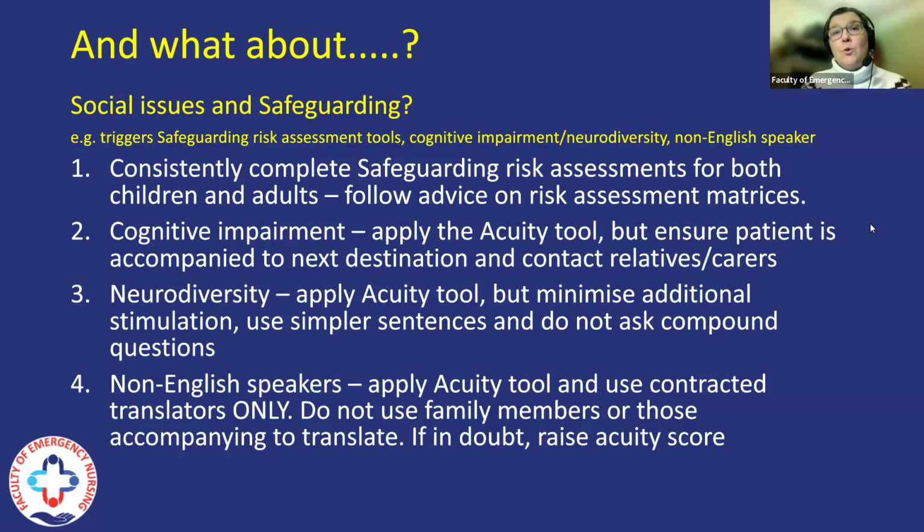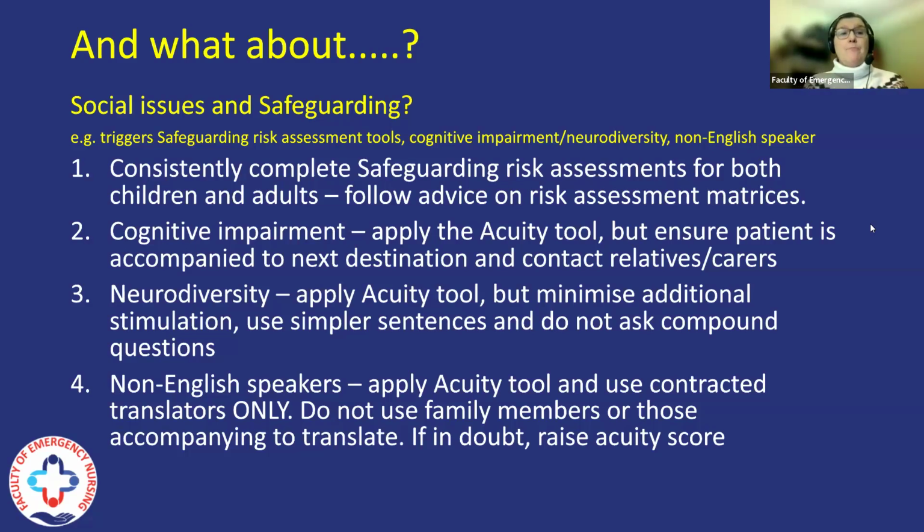I know the children are smaller and less able to speak for themselves in many instances, but actually you just need to get over yourselves and consistently complete those risk assessments. I do understand it's a bit frustrating at times. Just do it and follow the advice on the risk assessment matrices. Most risk assessments have, oh, if you've come to this score, now do this on the matrix. So just do it and follow whatever the advice is.